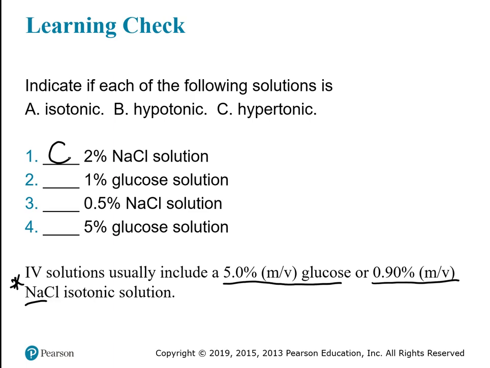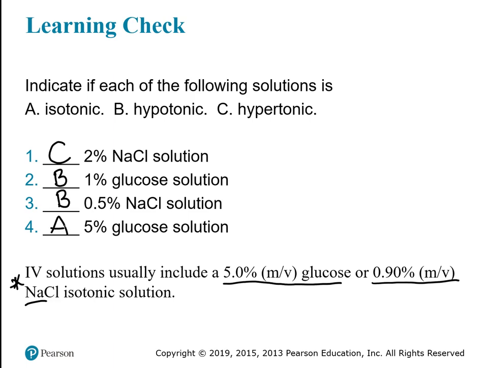Glucose at 1%, well, that's less than 5%, which is in an IV solution. So that's going to be hypotonic. 0.5% of NaCl is again below the 0.9%. So it will also be hypotonic. And finally, 5% glucose solution, well, that's the same as what would be in an IV solution.